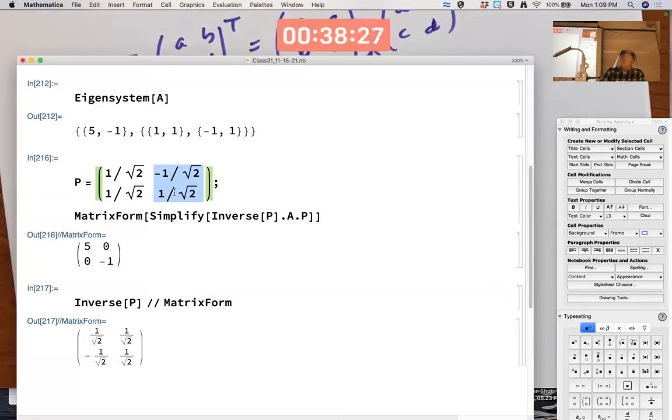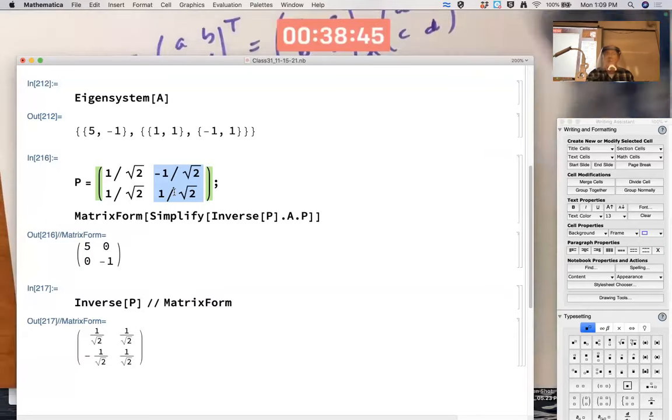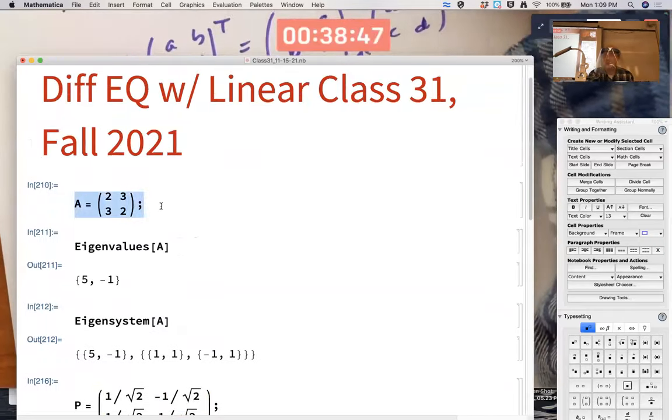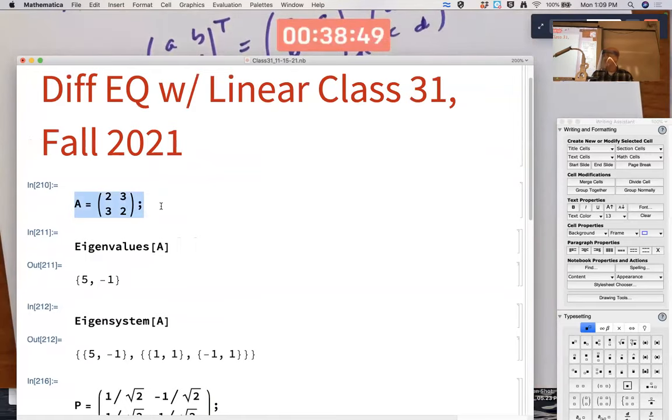The number of computations that has to go on in the general case probably is bigger than the number of atoms in the universe. Okay, it's probably, for a 100 by 100 matrix, on the order of 100 factorial. So it's just computationally nasty. So it'd be great if whenever we can do this. And we can do this when the original matrix is symmetric.